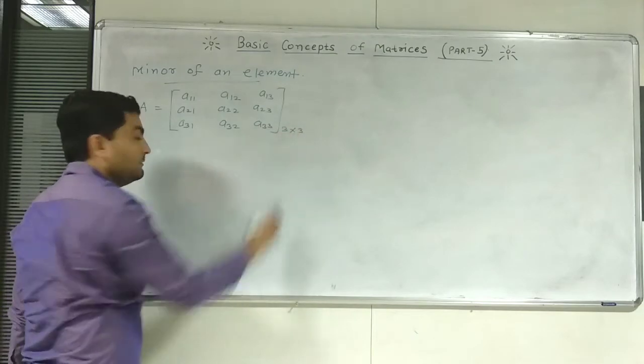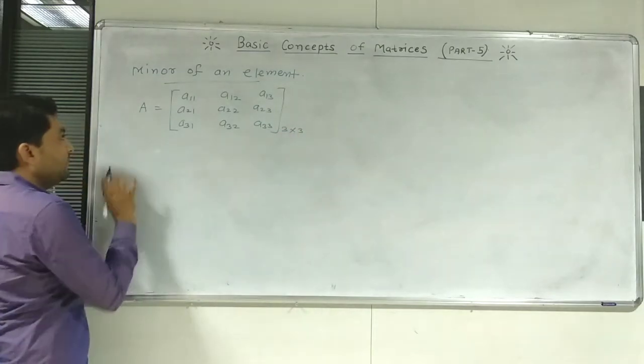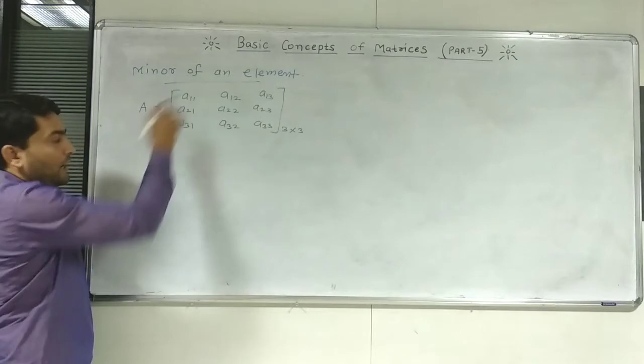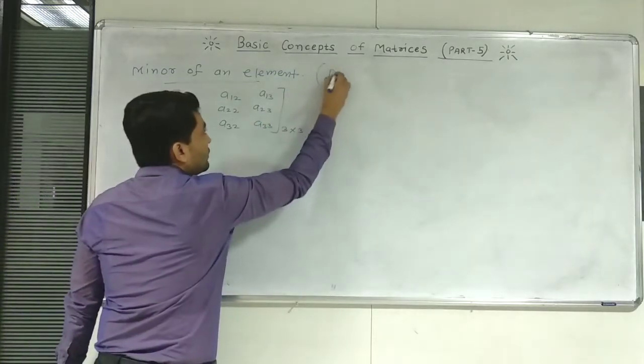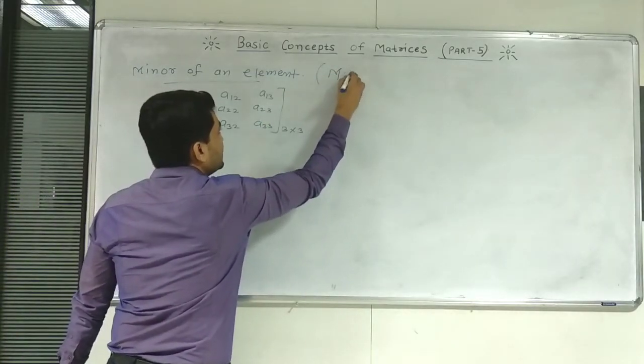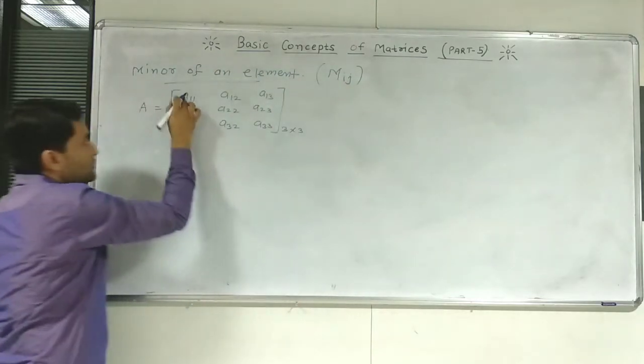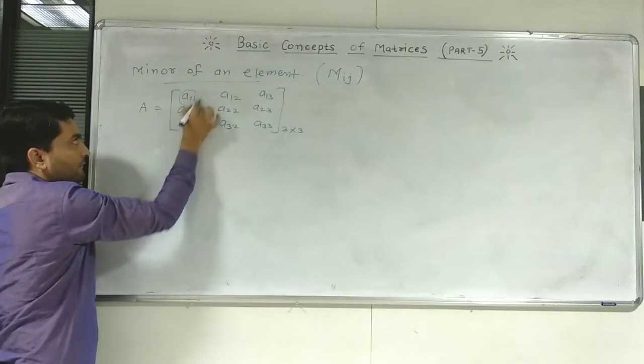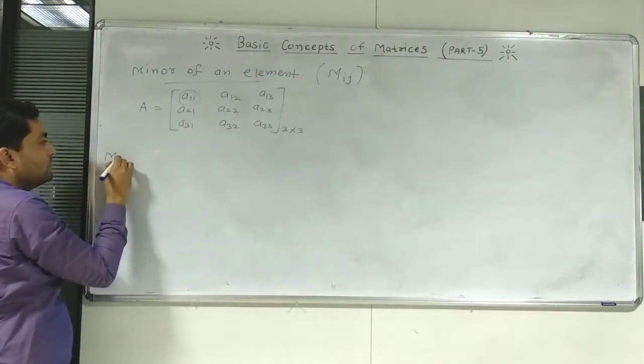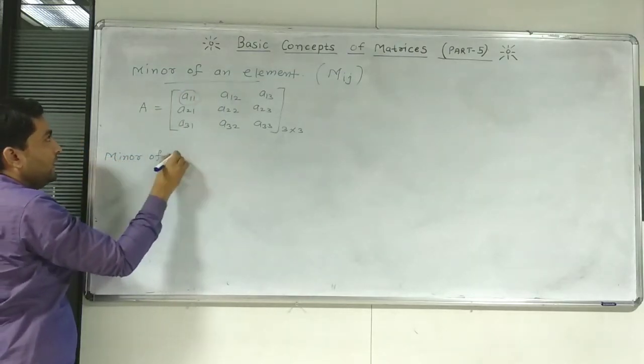This 3 cross 3 matrix is given. Now we have to find the minor of an element. Its notation is Mij, that is M for minor. An element, so it is the first element A11. So first we have to find the minor of A11.